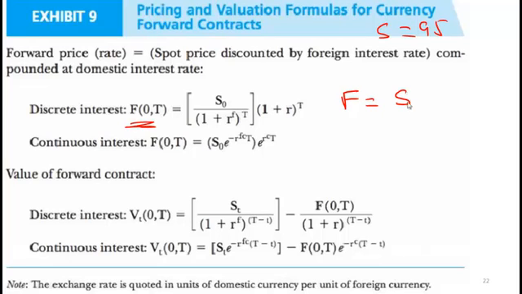So you have the spot rate into 1 plus the interest rate of the counter currency, which is the rupee, divided by 1 plus R for the dollar, which we are calling the base currency. The base currency always goes, the interest rate of the base currency goes in the base or the denominator. Does that sound familiar?